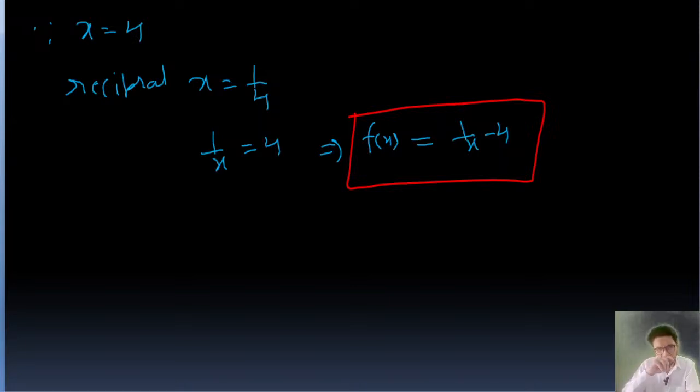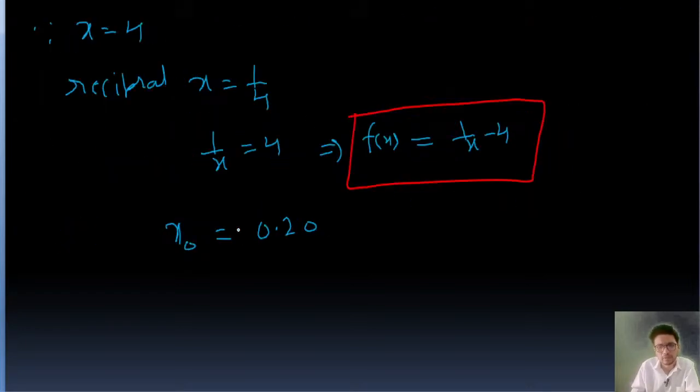Now it is a simple thing. The initial guess is given, that is x naught, 0.20 given in the question.